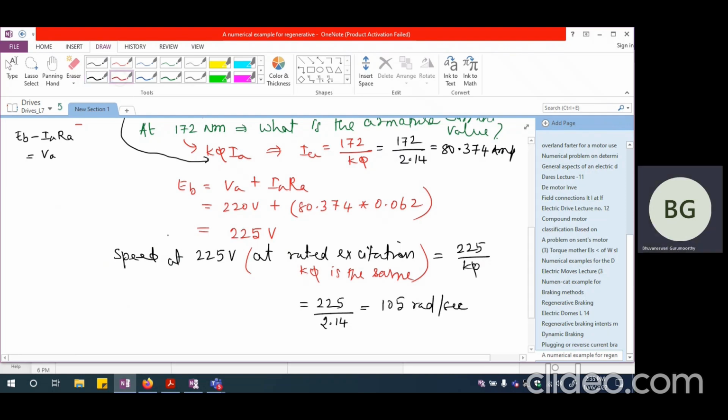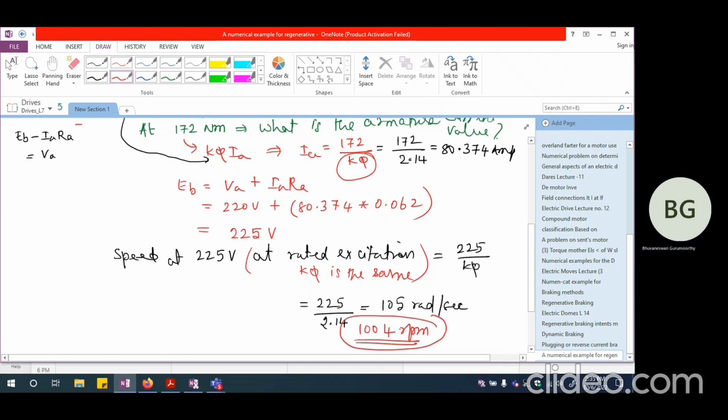So this corresponds to 1004 RPM of speed. With the given value of K5, it is going to hold the load at 1004 RPM and it is going to generate a negative torque such that it is able to hold it at a speed of 1004 RPM, and 172 Newton meter is the load torque. Okay.